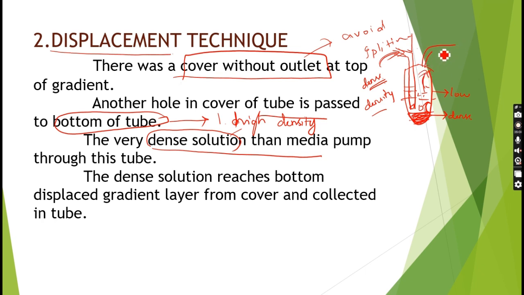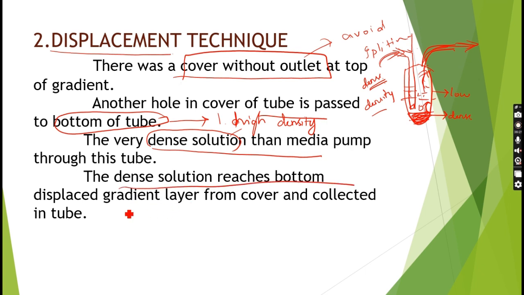There is another tube in the cover. The low dense solution reaches this tube and is collected fractionally. Based on this, by displacement of the medium with its components by pumping in the dense solution, the displacement technique can be used for recovery of the sample.